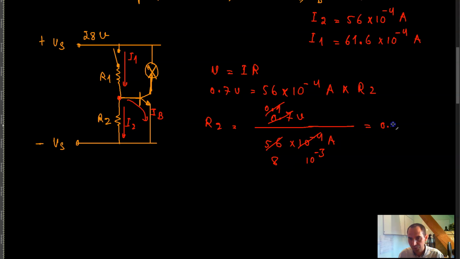So that's 0.125 times 10 raised to the power 3 ohms, which is equal to 125 ohms. So that means R2 is 125 ohms.